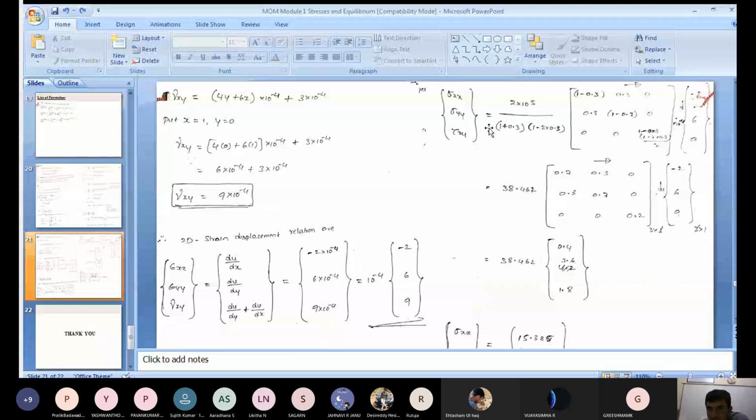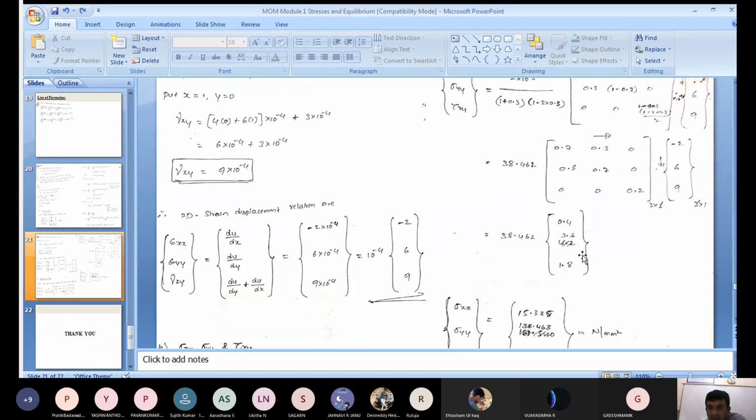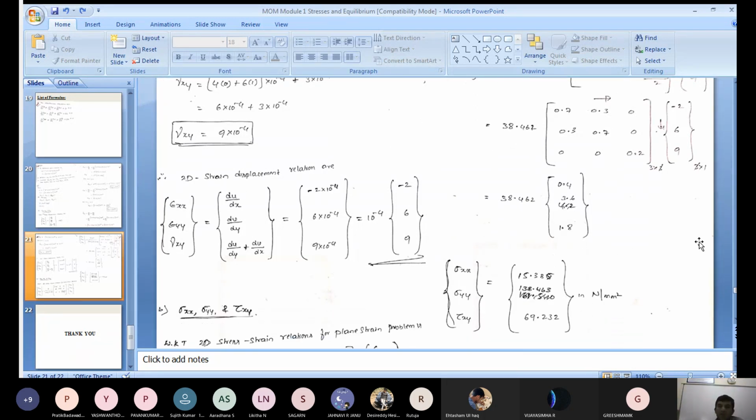Similarly, here 2 into 10 to the power of 5 whole divided by 1 plus 0.3 into 1 minus 2 times mu, 0.3, we get 38.462. Now finally check whether you get the values of sigma xx, sigma yy, tau xy. If you do not get them, I will explain one more time. Those who got the answer, unmute yourself and tell me the value.